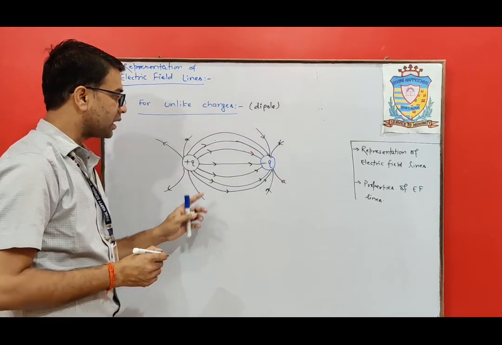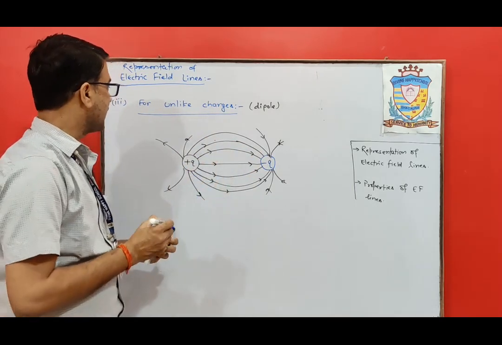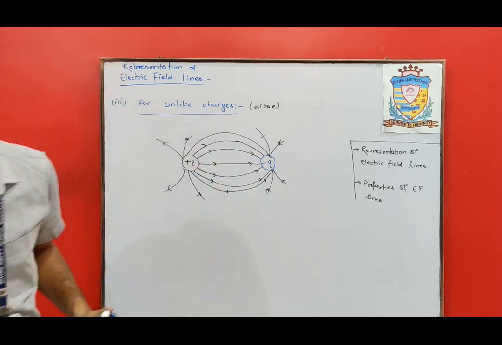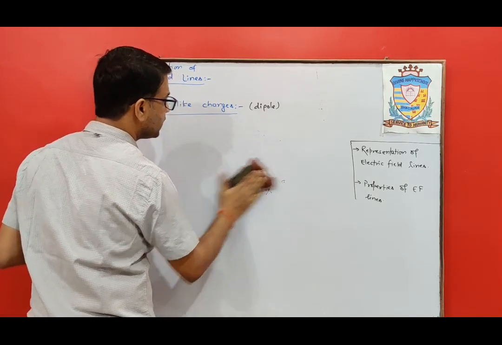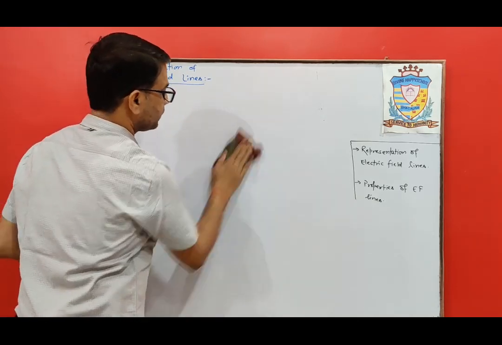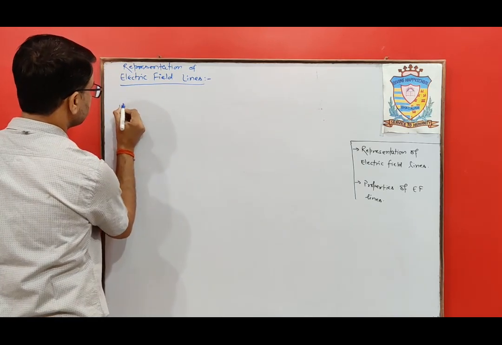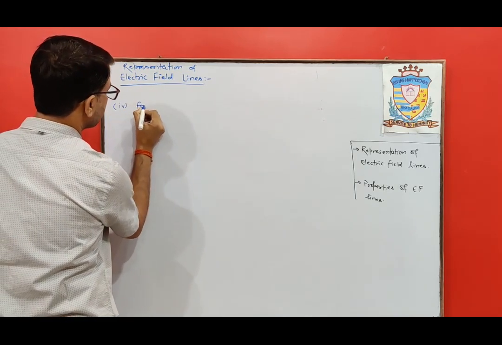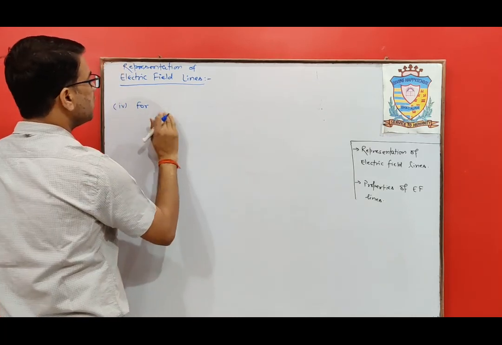So for unlike charges, this will be the representation of electric field lines. Fourth is for like or similar charges.